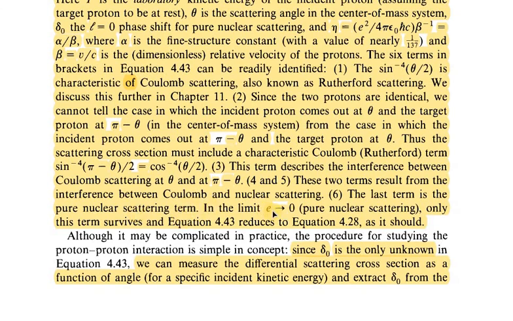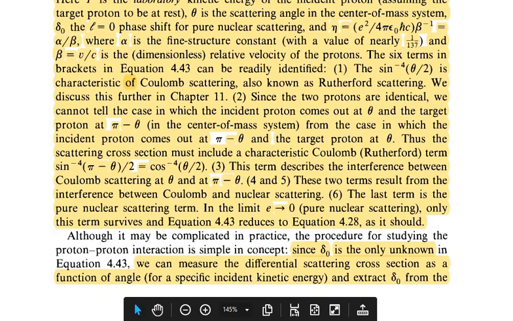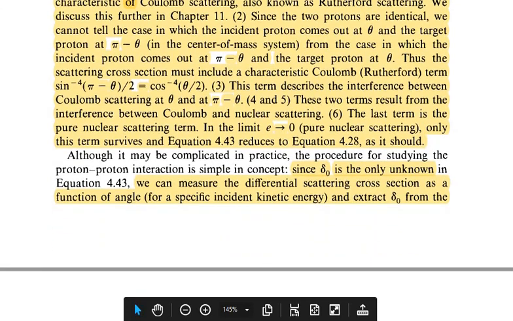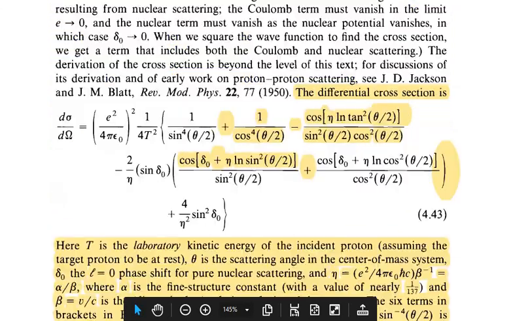In the limit E tends to 0, if it is pure nuclear scattering, only this term survives. Delta 0 is the only unknown in the above equation.